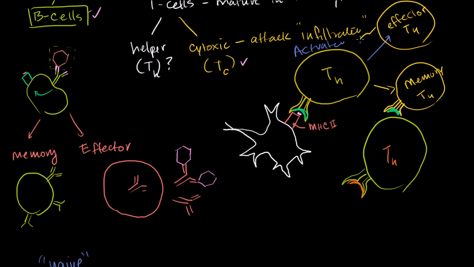It's just that the memory T cells, or actually even the memory B cells, last longer. They don't kill themselves. They'll last for years, so that if 10 years later something like this starts presenting itself, you're going to have more of these guys around to bump into this guy so that you can raise the alarm bells.